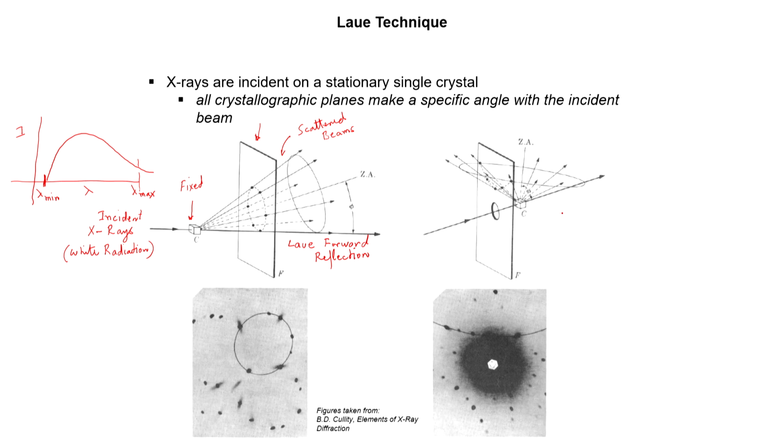This is another geometry called the Laue back reflection geometry, in which essentially this is my incident beam. The crystal is thick, the beam cannot go through the crystal, but the planes reflect them backwards. So, these are all the scattered beams.